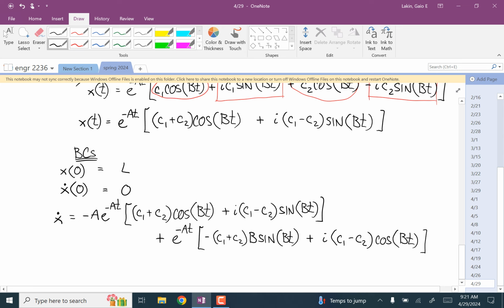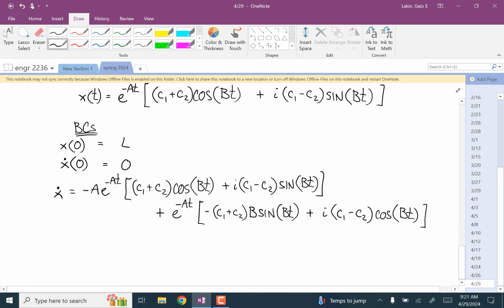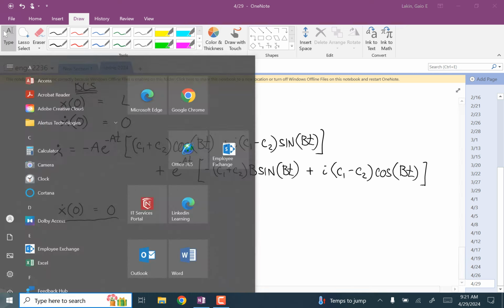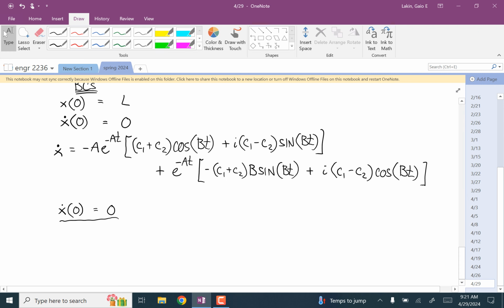Okay, and now we want to use the fact that x dot at 0 is equal to 0. So when t is equal to 0, what do we get? Negative a times what's e to the negative at when t is equal to 0? 1.